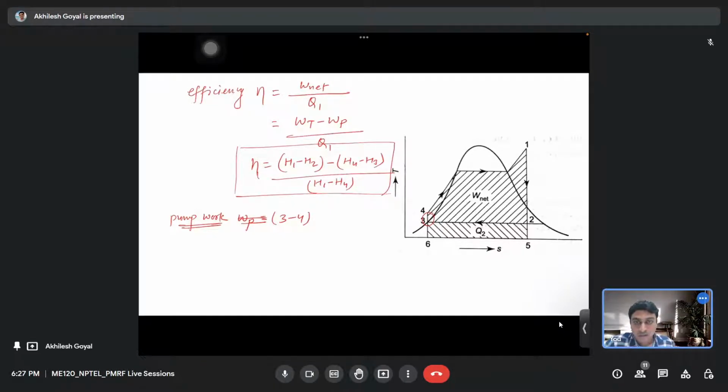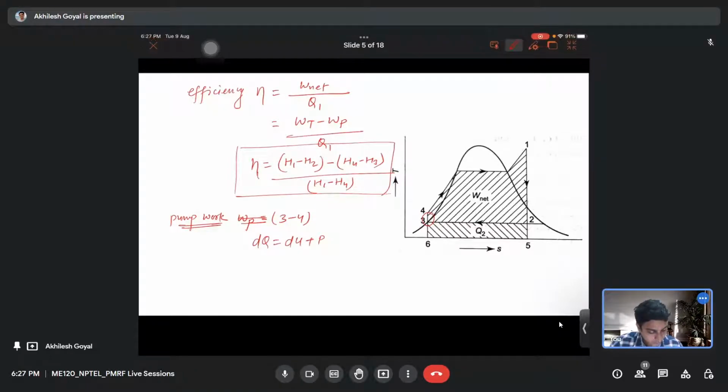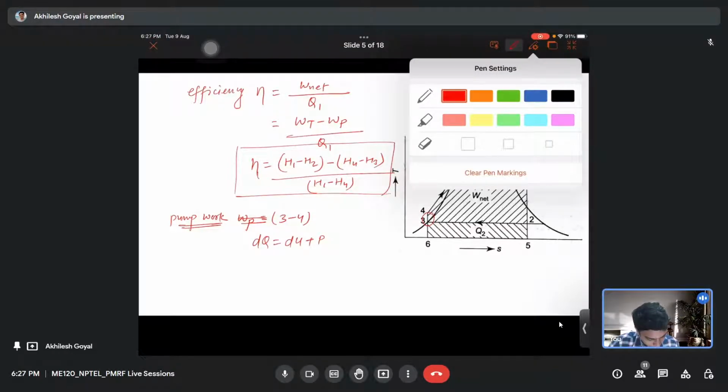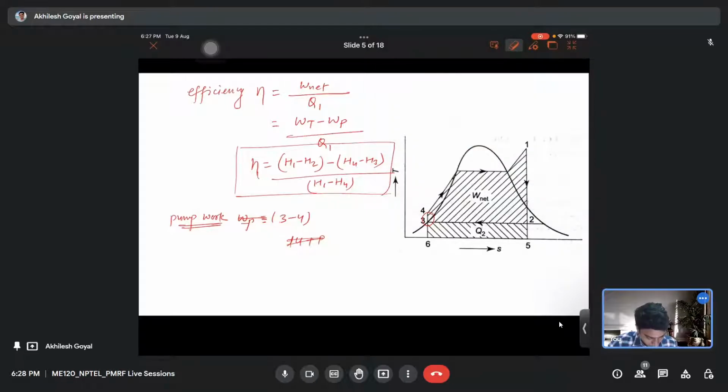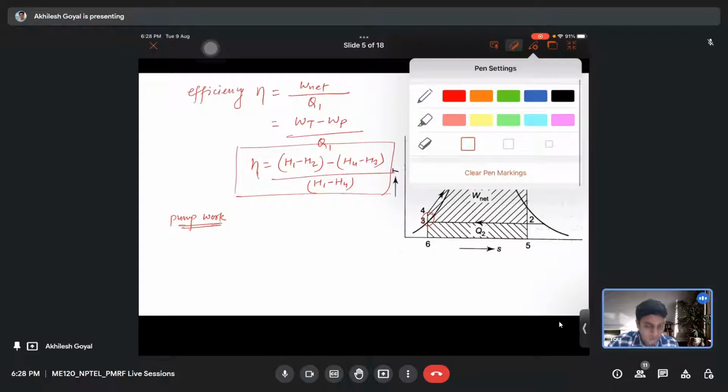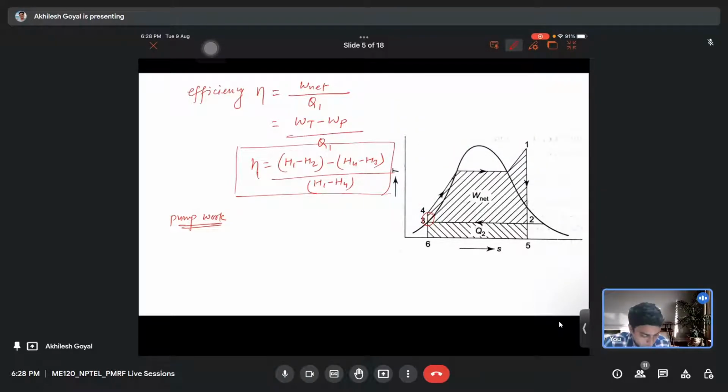So again, writing the equation for it, that is dq is equal to du plus, okay, again this is an open system, so we are already considering the control volume, okay.